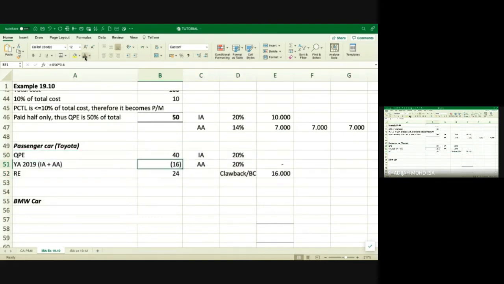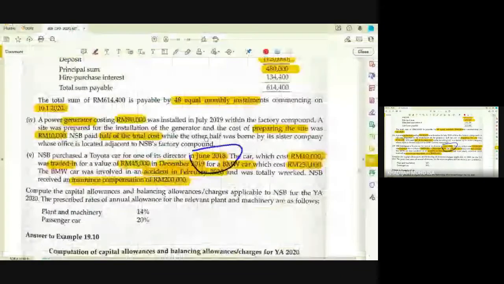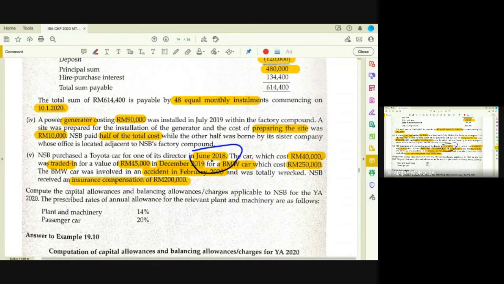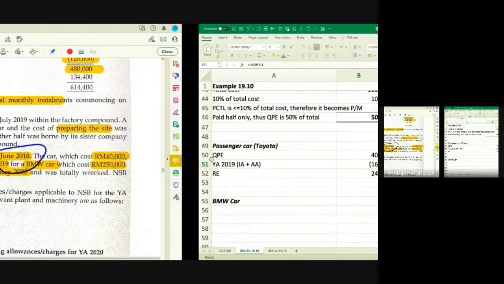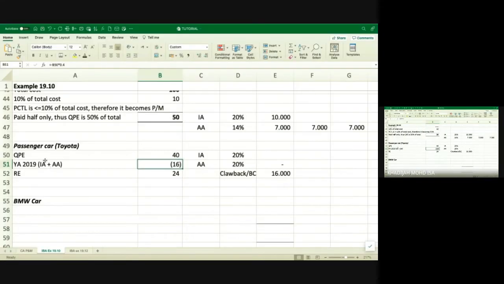But remember that because June 2018 acquired, it means that you first claim IAAA in YA 2019. So when it comes to 2019, you claim IA 20%, AA 20%. So that is 40%. 40% times the QE 40,000, then you get your IAAA of 16,000. So your RE at the end of 2019 is 24,000.